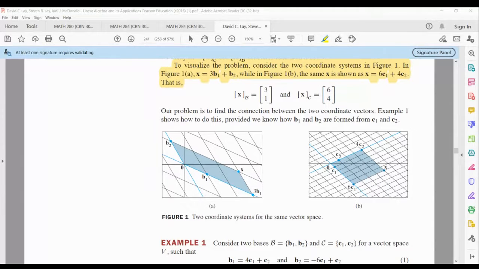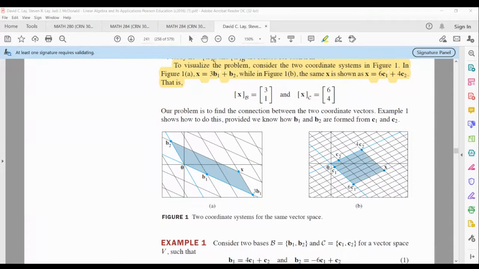Those are your basis vectors. And in figure B on the right, you have basis vectors c1 and c2. Where do the basis vectors live in both pictures? Let me ask you this. What's the dimension of the space in figure 1 for A and B? What dimensional space are we talking about here? Okay, that's right, Benjamin. Two-dimensional space. Absolutely, that's what we're talking about here.